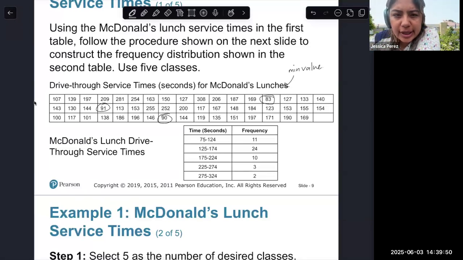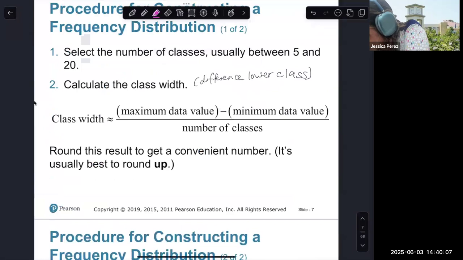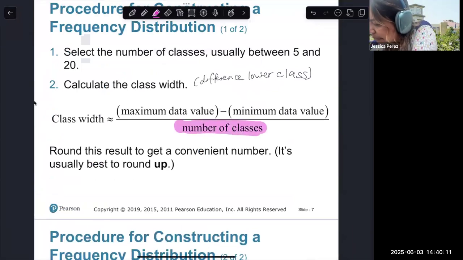We want to know how many classes. It's asking us to use 5 different classes. So with 5 classes, we want to find the class width. Remember, since they tell us the number of classes, we're going to use this formula.